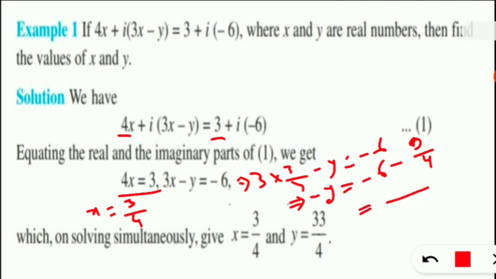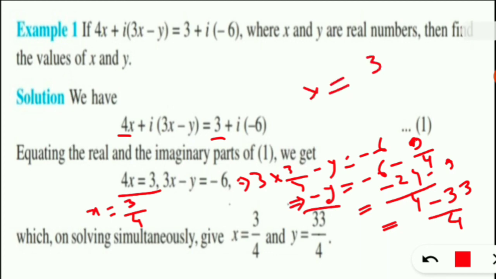If we take LCM 4, that means minus 24 minus 9 divided by 4, so equal to minus 33 divided by 4. So minus y equals minus 33 divided by 4, so y equals 33 divided by 4. Okay, so finally we get x equals 3 by 4 and y equals 33 by 4.